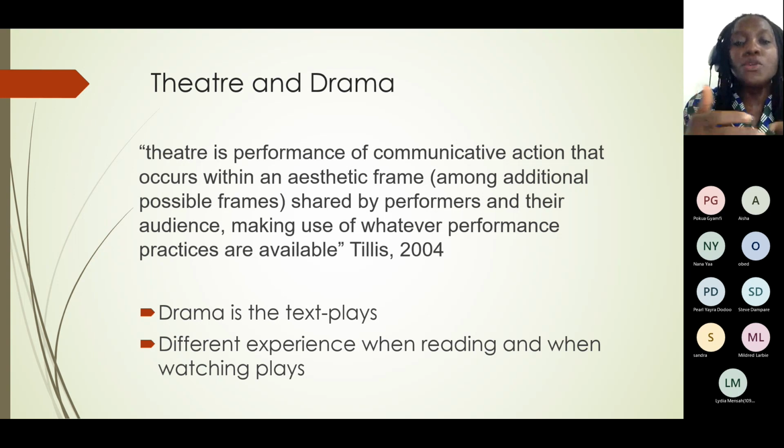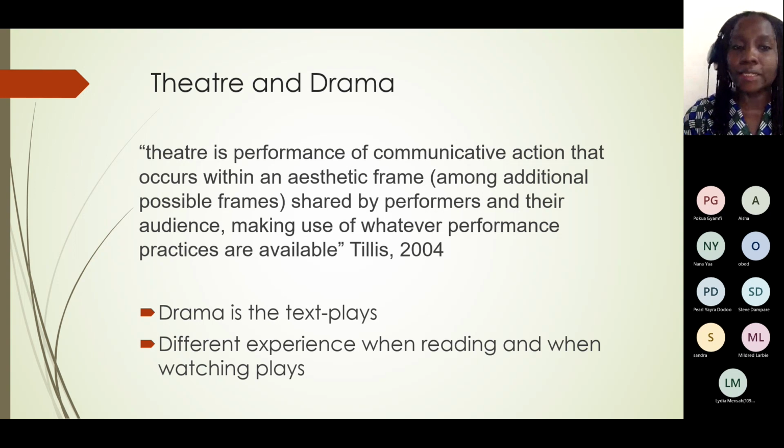And so that community that is created is described as a theater. A theater in the form of a performance that has been put together and shared with an audience. Okay, and it can exist in various forms. Most theatrical performances, as we know today, are based on play texts.